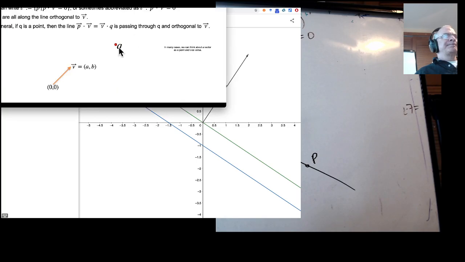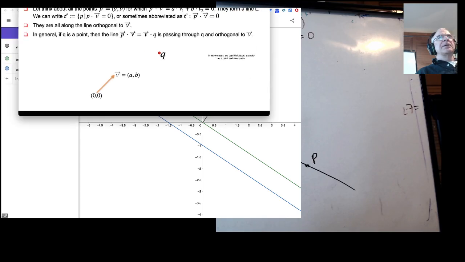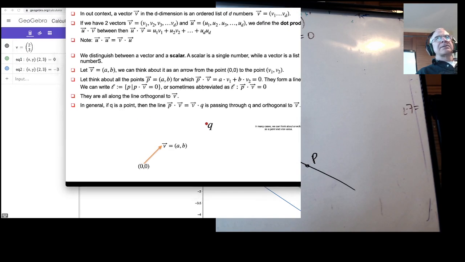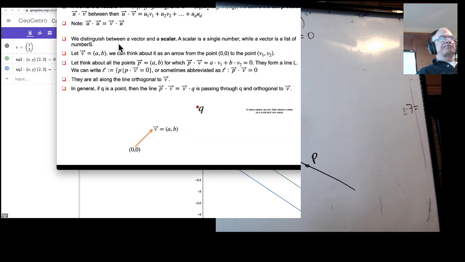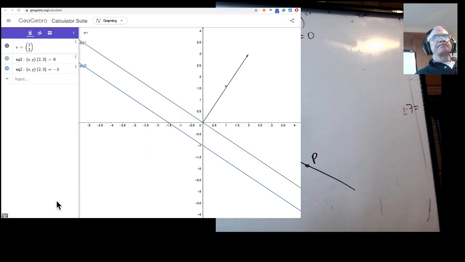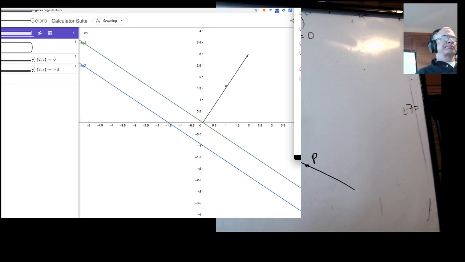And in general, let's repeat the same exercise. First, let's see it in the slide. So if I have p and v, here is v, 0, 0, a, b, whatever values, the line L, and let's use this notation from now on.